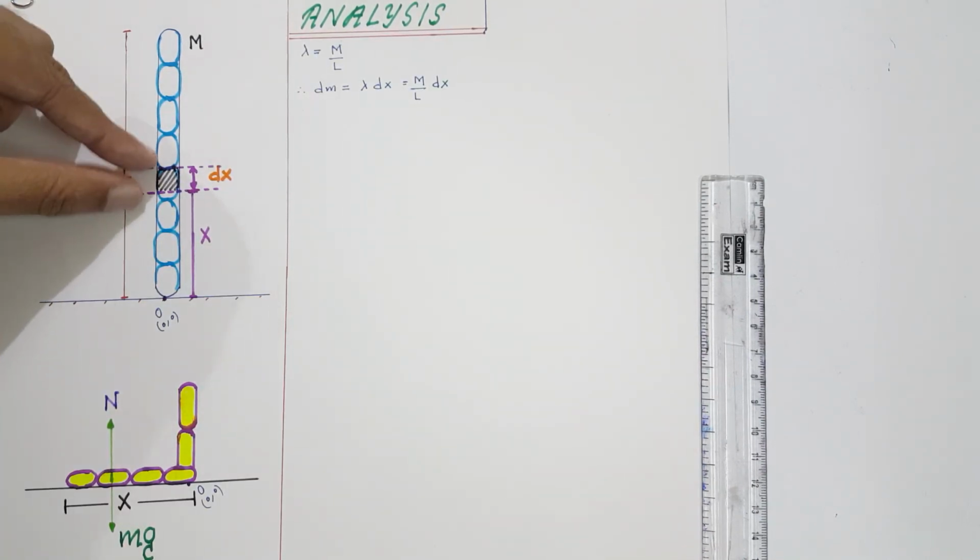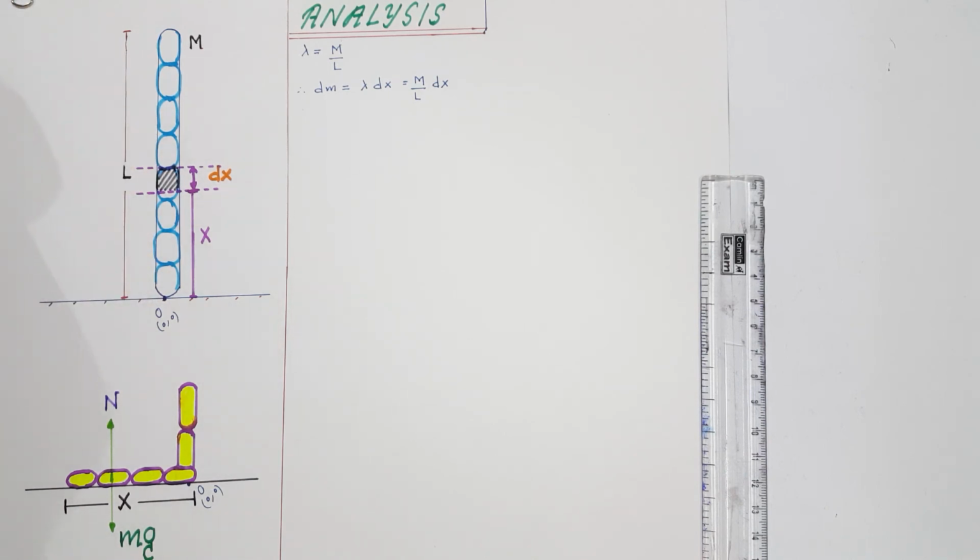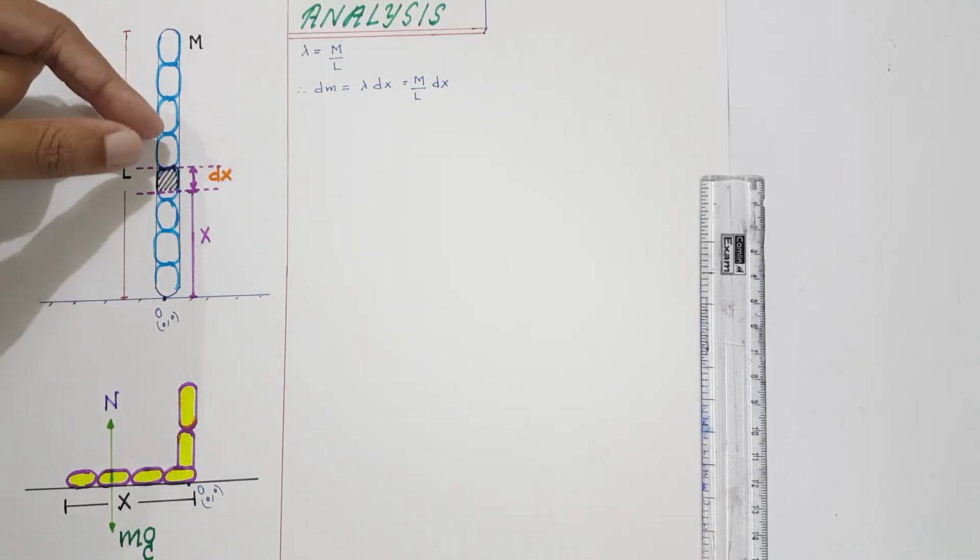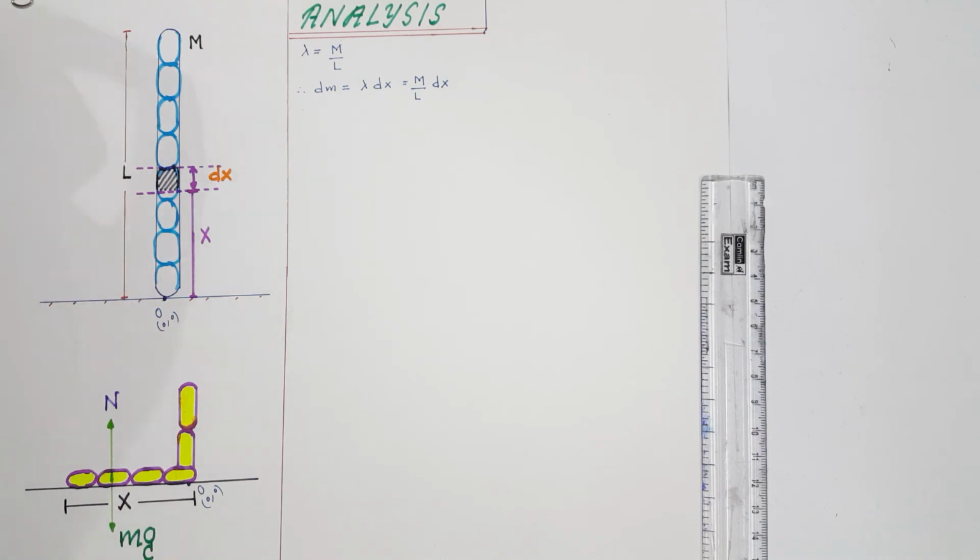Now this part of the chain comes down and hits the floor. When the element falls down and hits the floor, with what velocity does it hit the floor?